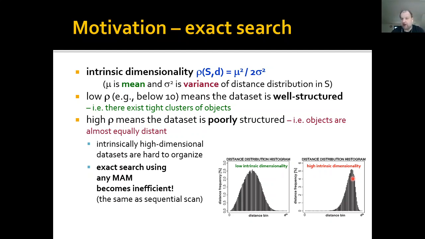It looks randomly separated. So in this case, we can just say, okay, we will not build any index on this because it would be just overhead or waste of time. Or, and that's our today's topic, we can resort to approximate search.